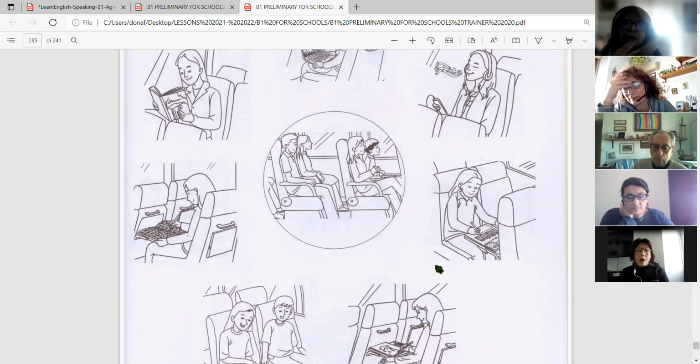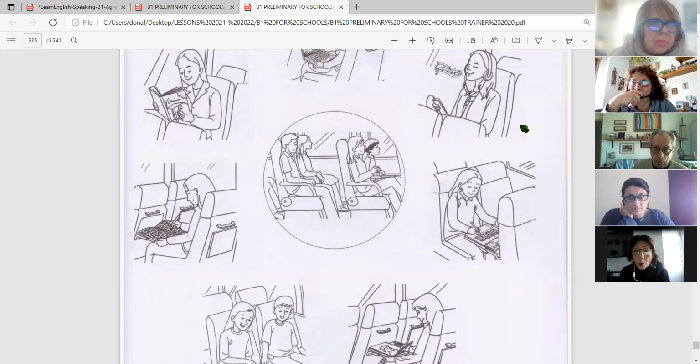Okay. I think, Anna, that it's a good idea to listen to music along the long trip, but maybe it's nice to read some book because it's a beautiful time to spend reading.